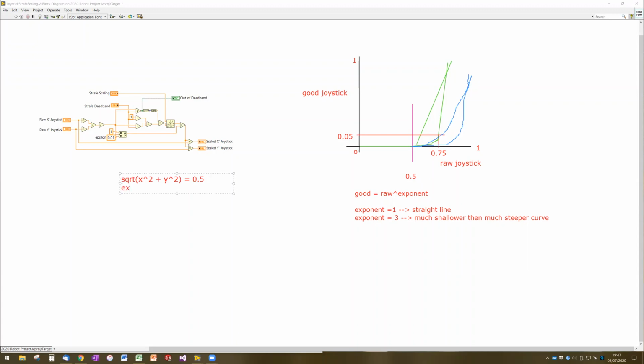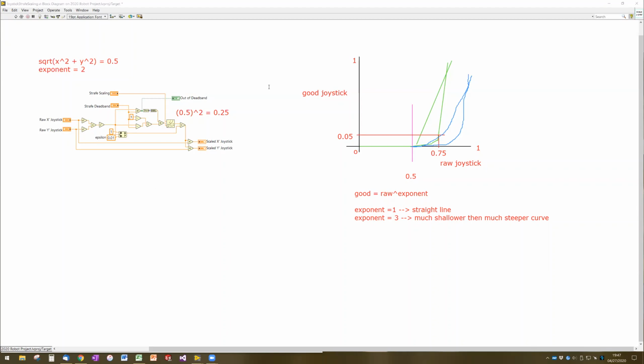And if we had an exponent of 2, and for right now I'm just going to assume that we don't have a deadband because it's going to make it a little bit easier, then at this line right here, this output here, that would be 0.5 to the power of 2, which equals 0.25, okay?